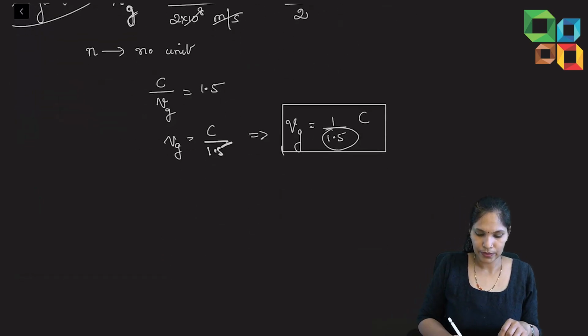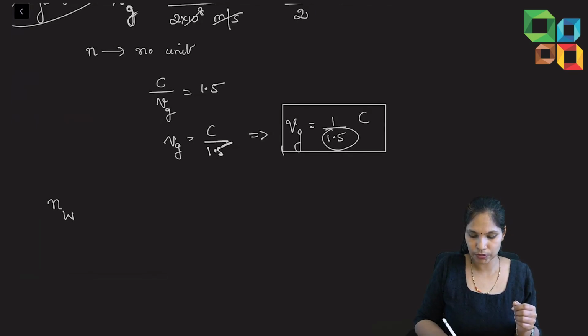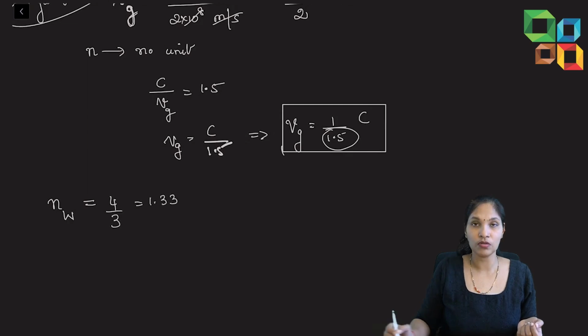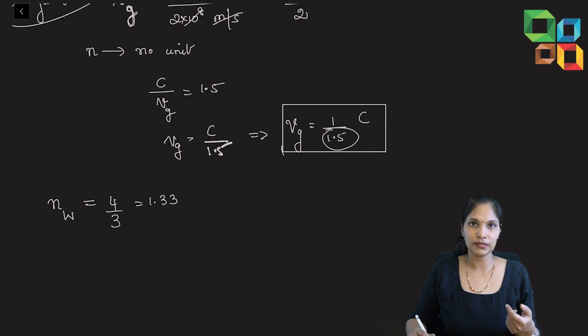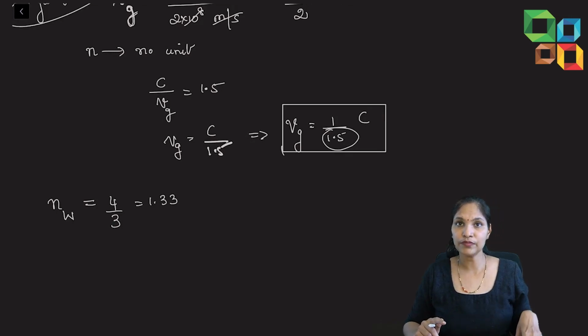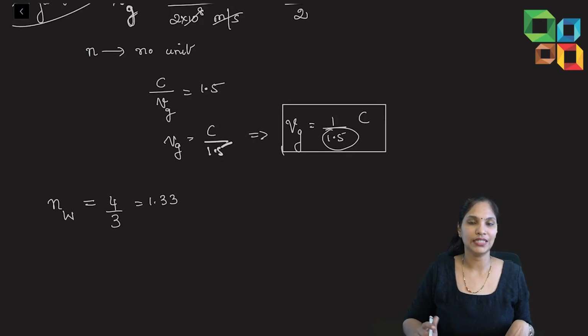Suppose I say refractive index of water. When I write like this, I'm talking about absolute refractive index in comparison with air. The value is actually 4 by 3, which you can write as 1.33 also. So what does this tell us? That means if light enters water, its speed is going to slow down by 1.33 times.